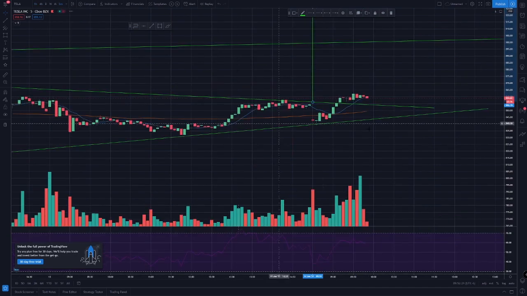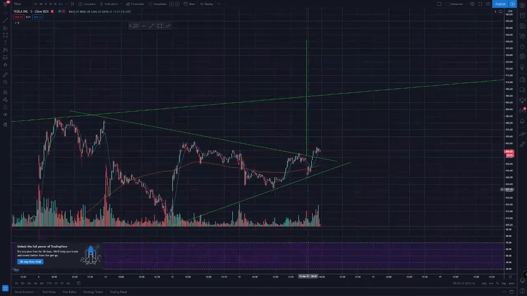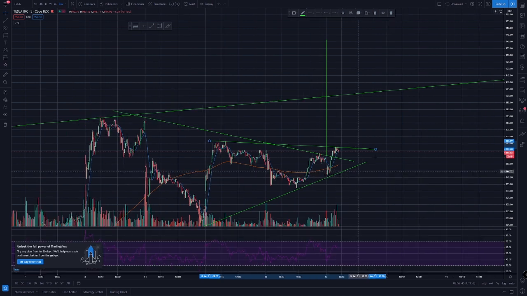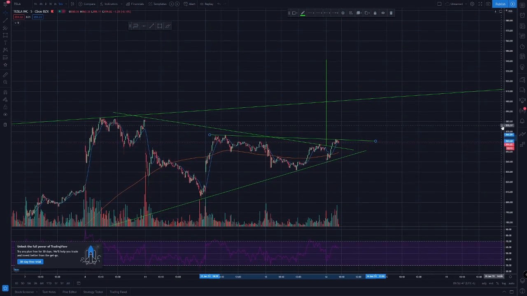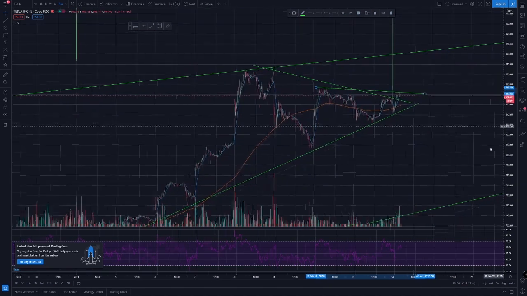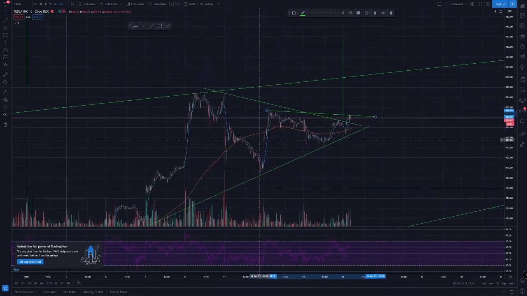Let's go to the 5 minute. Okay, so from here we got this uptrend. Well, actually, we're still in something like that for right now. And maybe this is a better pattern to look at, even though the volume's not showing it.